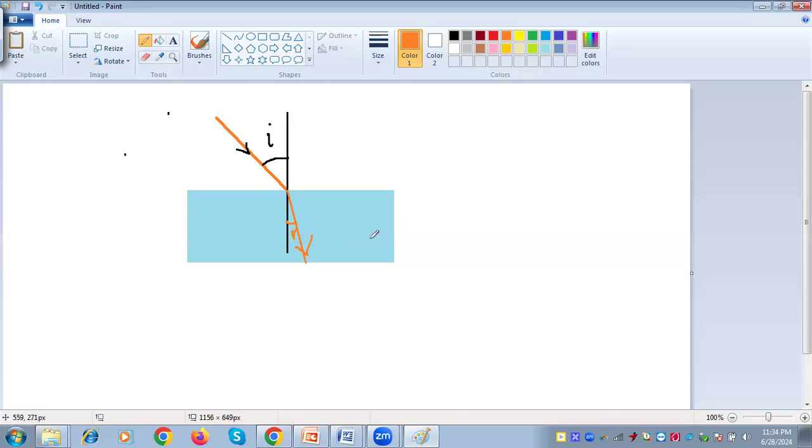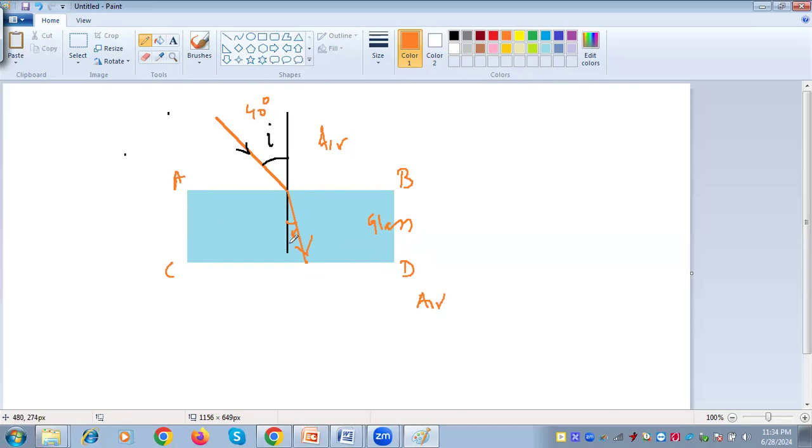Now the ray is going from glass to air. Here it was going from air to glass, now glass to air. So this is another point of incidence. Since the two sides AB and CD are parallel, the angle of refraction in the air will again be the same as this angle. Suppose this angle is 40 degrees.